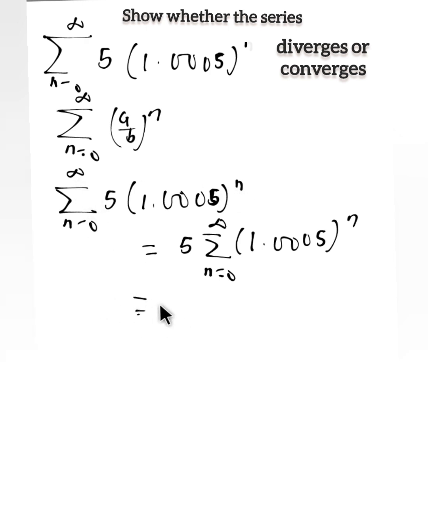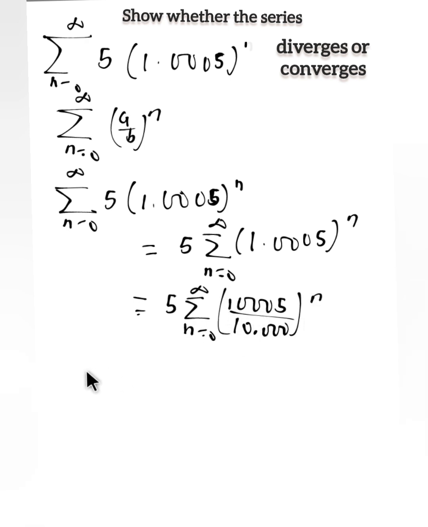This equals 5 times the summation from n equals 0 to infinity of (1.0005/10,000) all raised to the power n.